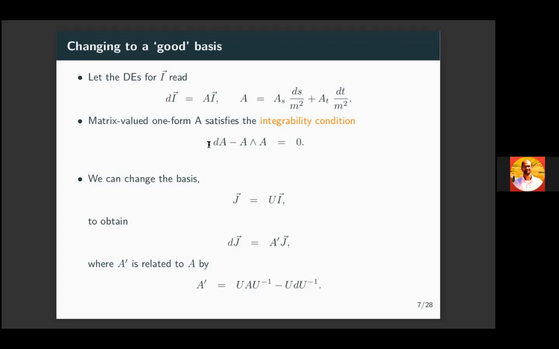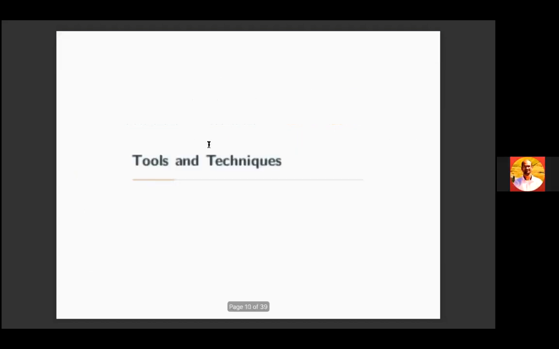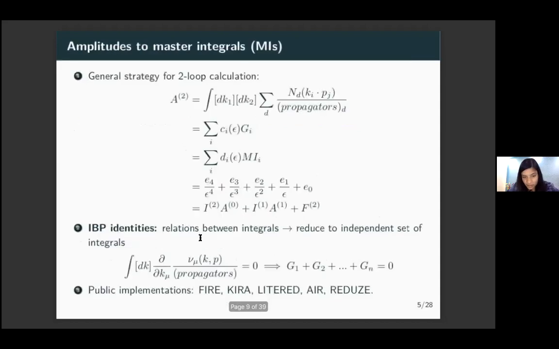Okay. KP, please go ahead. But if there are more than the required number, then they can't be linearly independent. Yes. Yeah, the IBP program does give it. For example, I can even tell you that if you use FIRE here, it can happen that it gives you one or two more integrals than Kira.